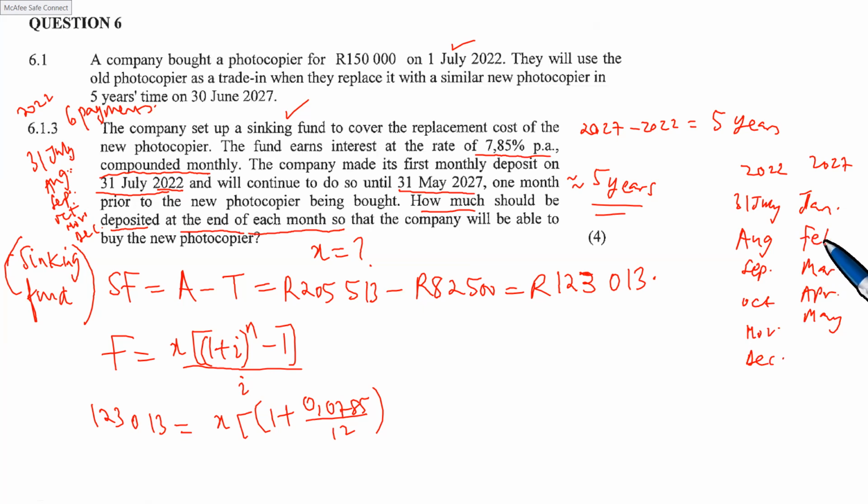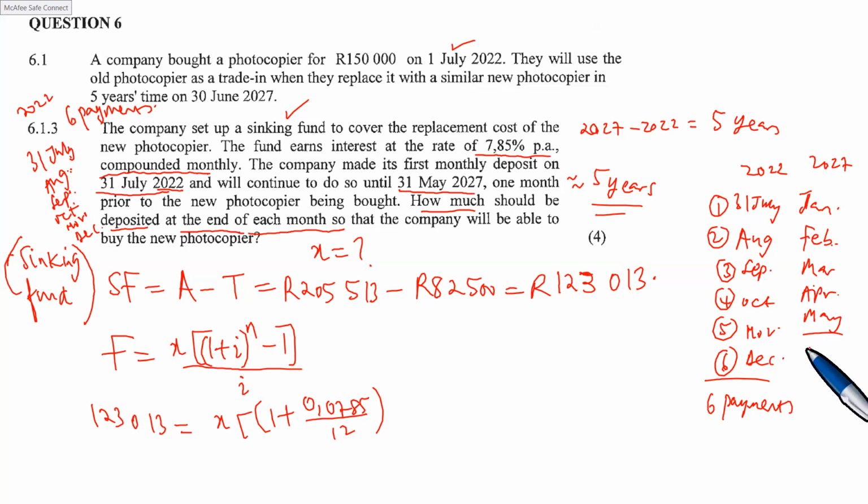So obviously here it gives a total of 1, 2, 3, 4, 5, 6, because you have been told that the company made its first monthly deposit into this. So in other words, you have 6 payments here. And here, the same: 1, 2, 3, 4, 5. So in 2027, you have 5 payments.